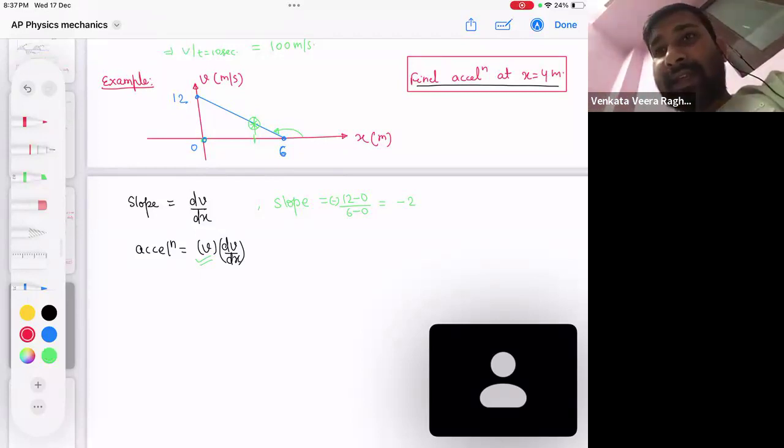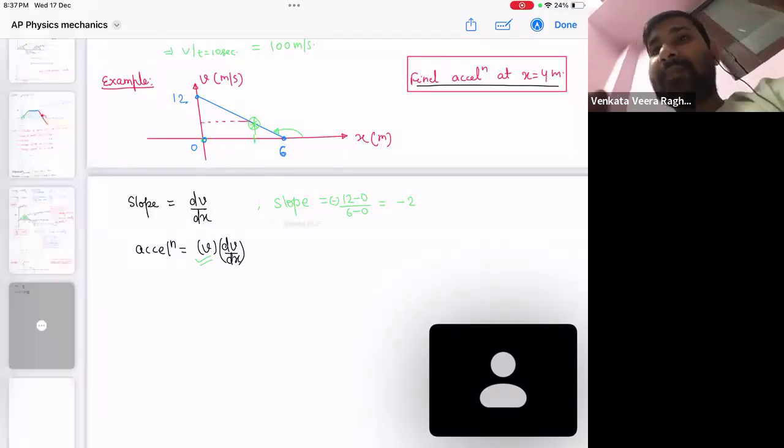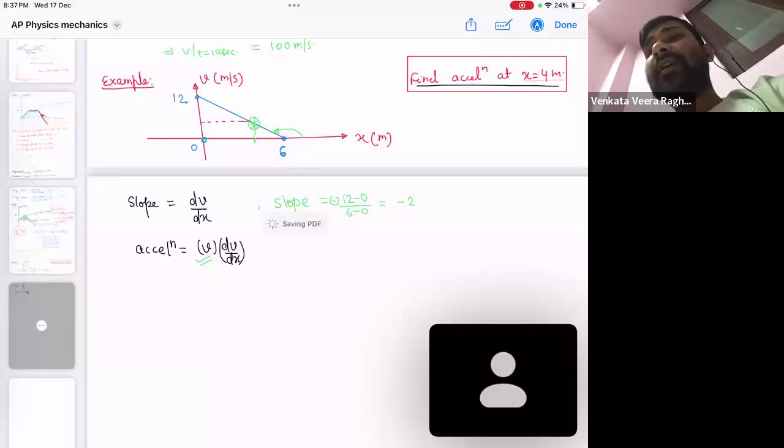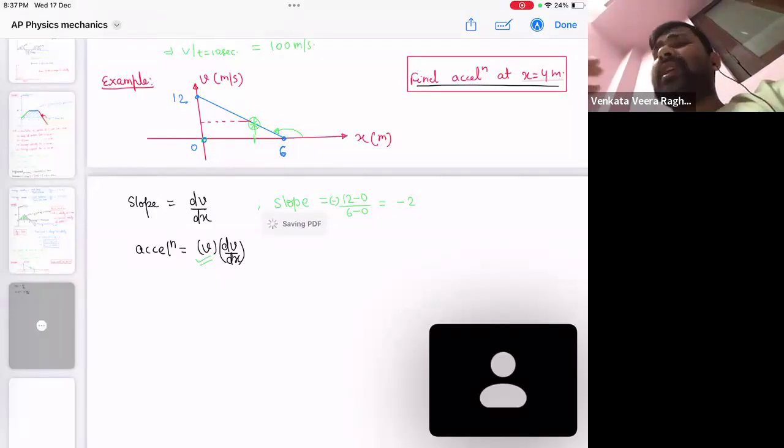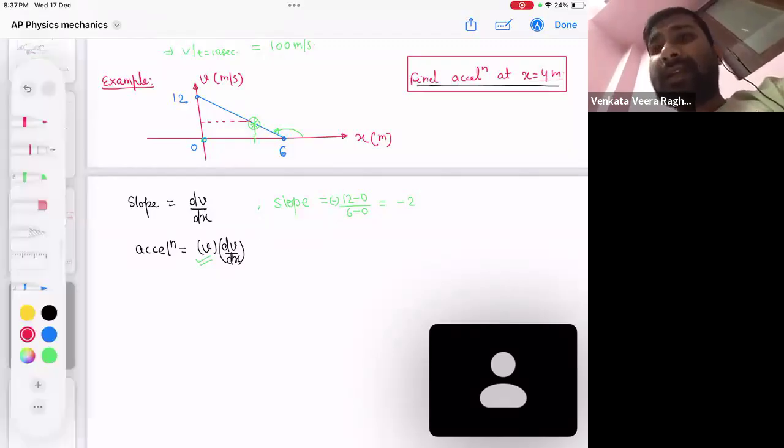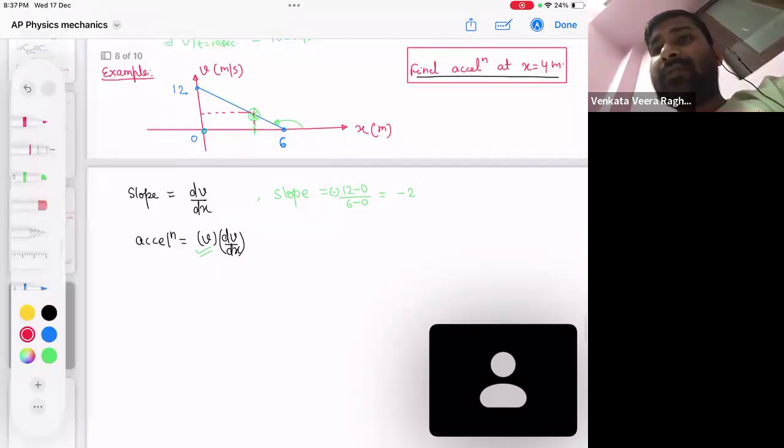Can I use the similar triangle concept? Can we use the similar triangle concept to find out the v at that point, or the equation of a straight line? Many methods are available. So what can I write to find this coordinate?